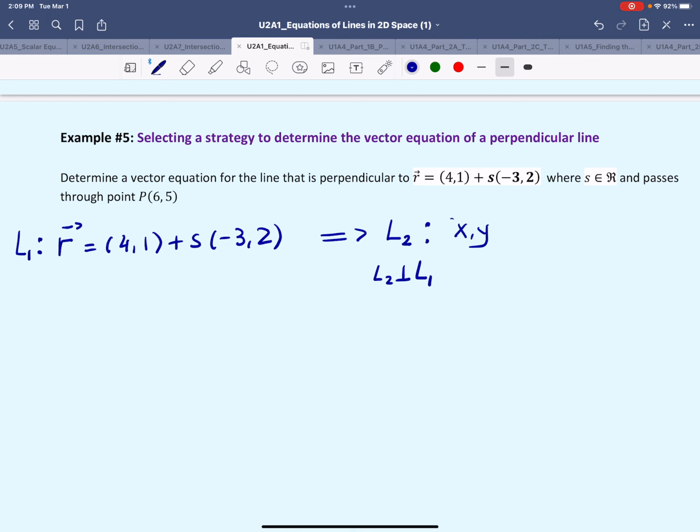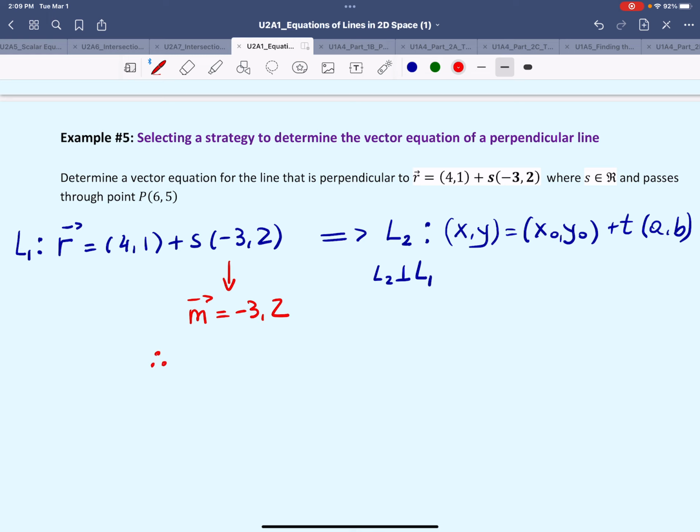must be in the form (x, y) = (x0, y0) + t(a, b). So since the two lines are perpendicular to each other, what we are going to do is use the direction vector of the given line. So we're going to say that the direction vector of the given line has the coordinates (-3, 2).